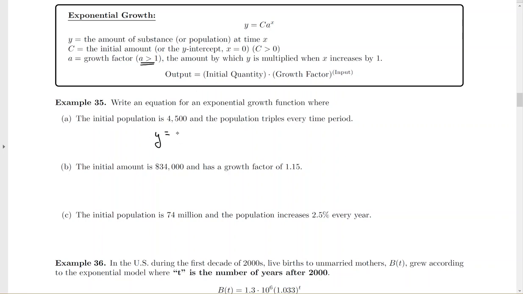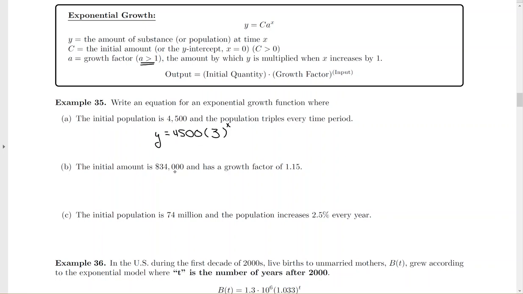Initial quantity, 4,500, times, and then it triples, so that is our growth factor every time period, and that's our x input. So if x is 1, we multiply 3 times 4,500 and we've tripled our amount. If I put in 2, then it's going to be 3 times 3 times the 4,500, and we've tripled it again.